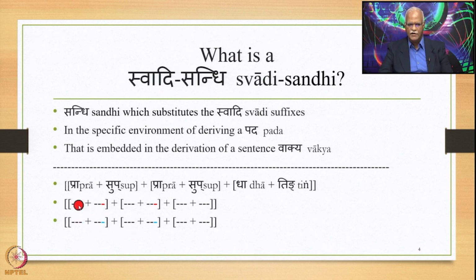All the elements, namely pratipadika plus sup, plus pratipadika plus sup plus dhatu plus ting, they are all placed side by side, and the derivation of each pada starts simultaneously and keeps on moving until it reaches a particular stage where internal derivation is completed, and then finally the external derivation of the padas, namely the internal derivation of the sentence, happens.